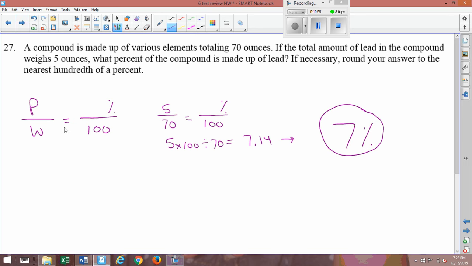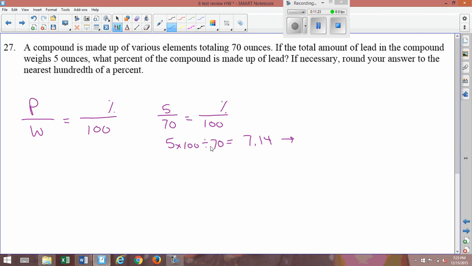A compound is made up of various elements totaling 70 ounces. If the total amount of lead in the compound weighs 5 ounces, what percent of the compound is made of lead? If necessary, round your answer to the nearest hundredth of a percent. I made a mistake at the rounding part, but from here, 5 over 70 equals percent over 100, because it's 5 ounces out of a total of 70.